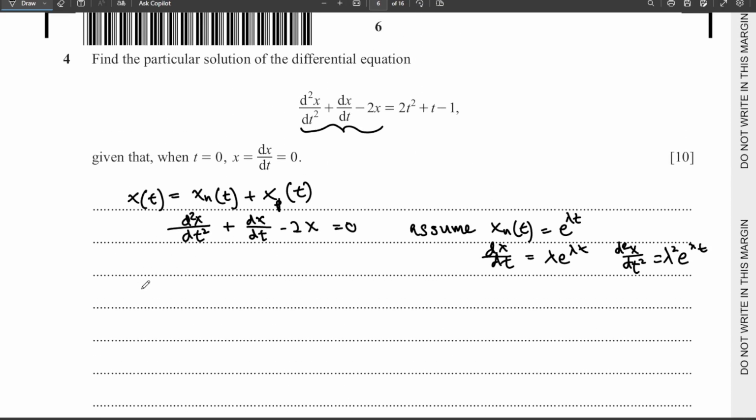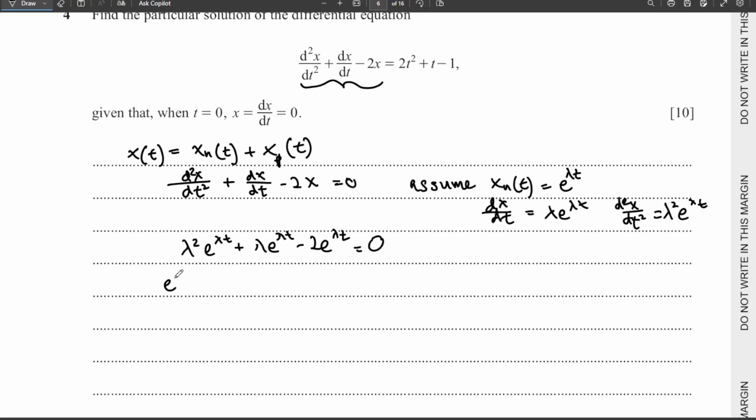We substitute this back into the differential equation, factor out the exponential terms, and we are left with a quadratic equation in terms of λ. This is called our auxiliary equation.